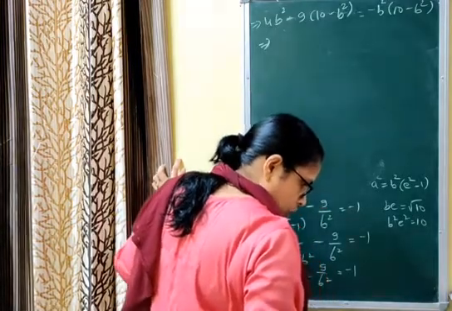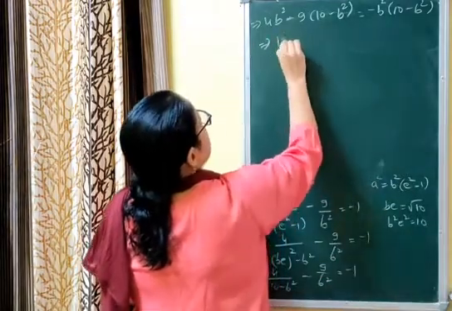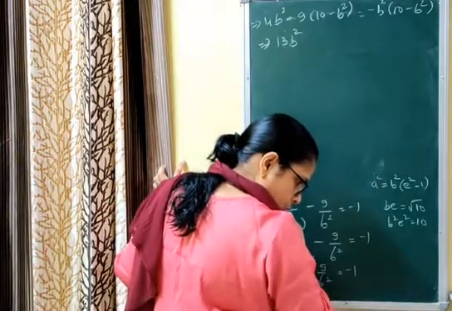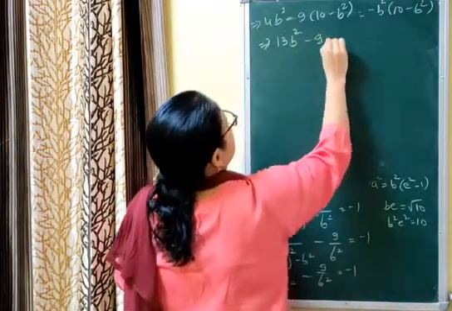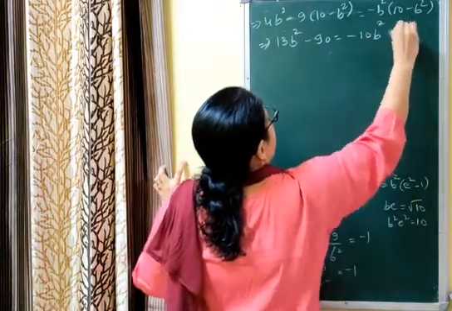Now if you multiply it, 4b square plus 9b square, that is 13b square, minus 9 into 10 is 90, is equal to minus 10b square plus b raised to the power 4.